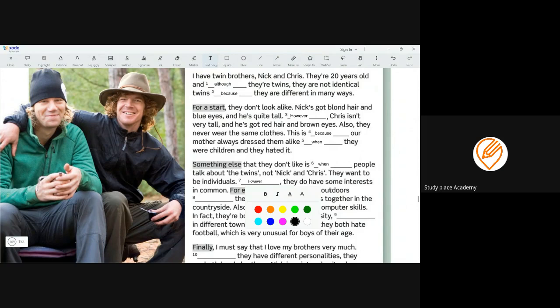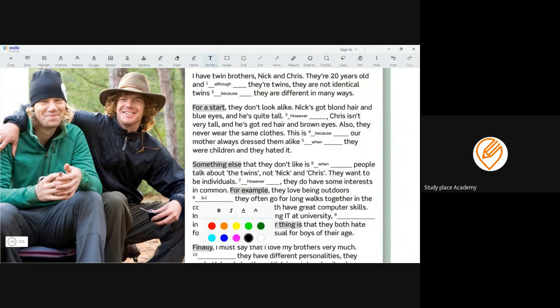They do have some interests in common. For example, they love being outdoors. It's like connecting ideas here, so we can use so or and. And they often go for long walks together in the countryside.